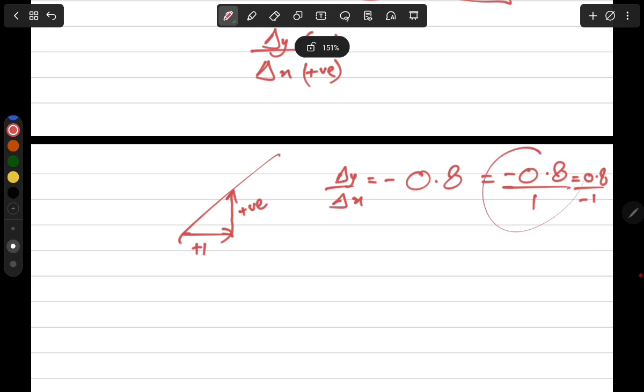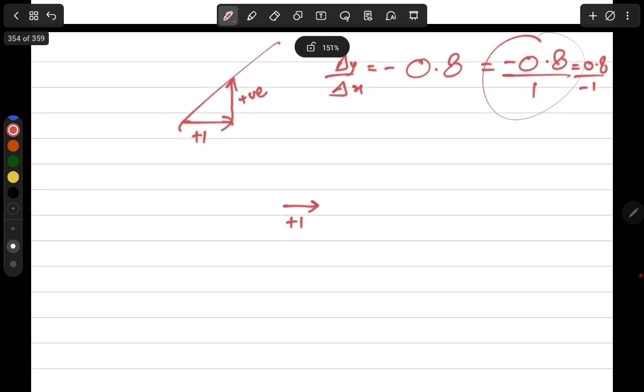So in this one, change in x is 1 unit, and change in y is negative 0.8 unit. So we are moving from point A to point B, like this. And this is 0.8 over minus 1. So we're moving negative 1 unit here and 0.8 unit here.